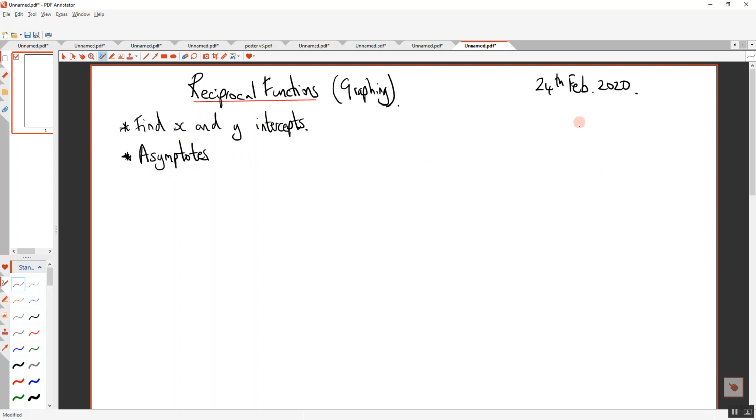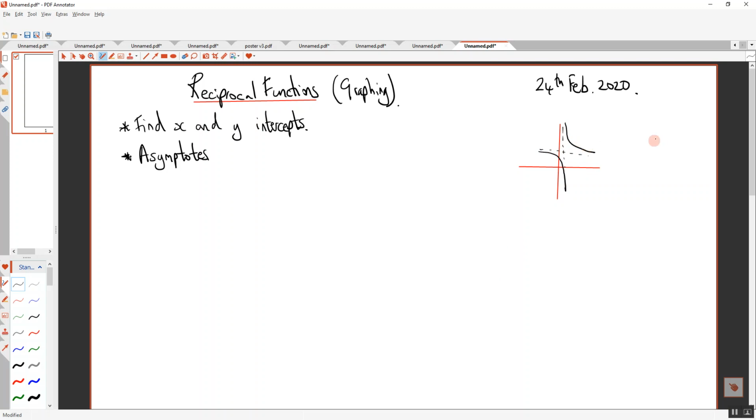Now, we all know the shape of these graphs. If I do a sketchy sketch, they're always going to look somewhere like that, and could look like that. They're always that type of shape, okay?